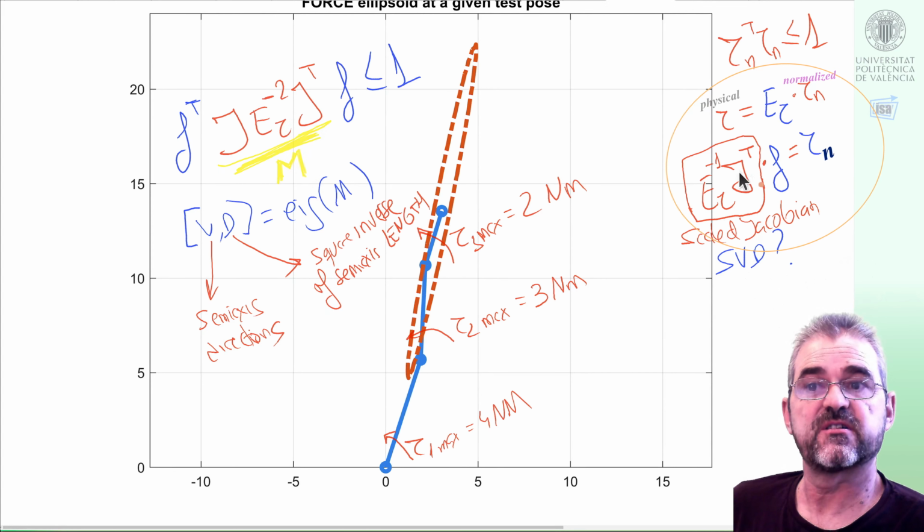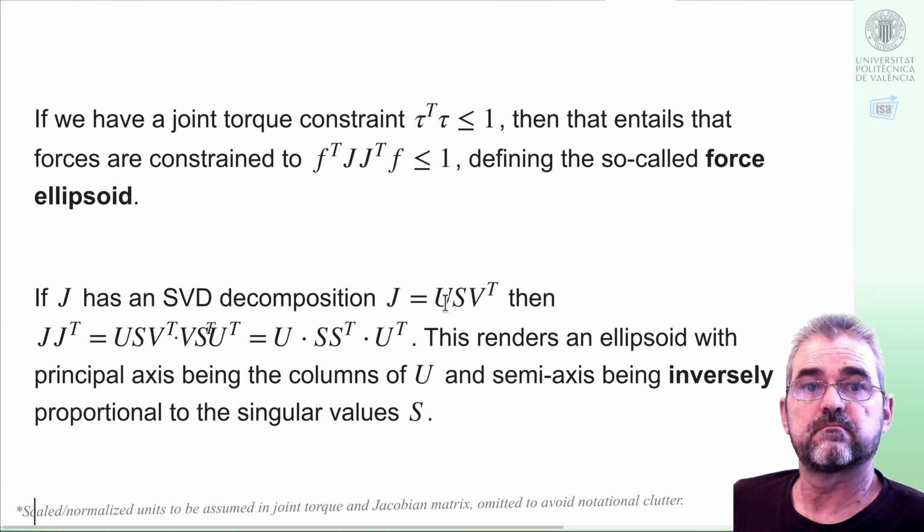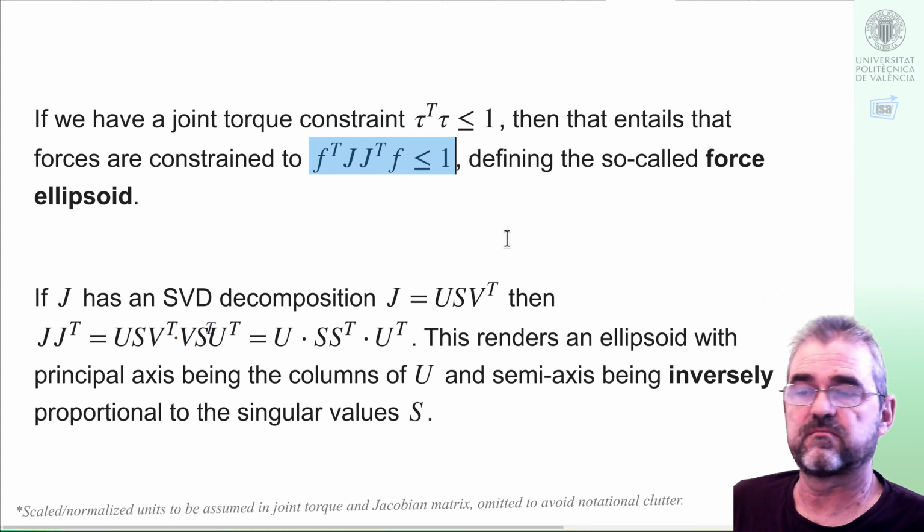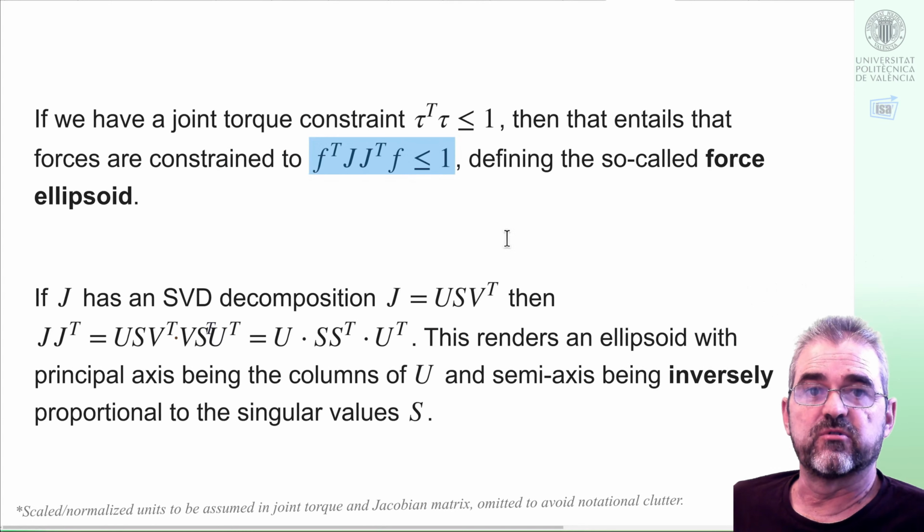Let us now discuss the singular values of the scaled Jacobian. I didn't put "scaled" in the text that you're looking at, because everything is scaled, so just don't forget it, but we are not putting scaled subindices in all expressions.